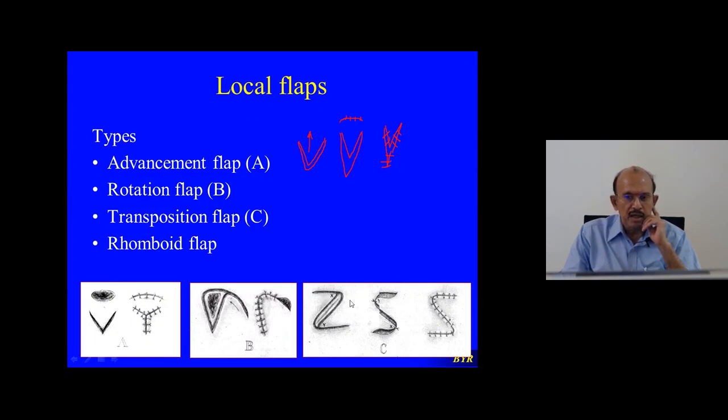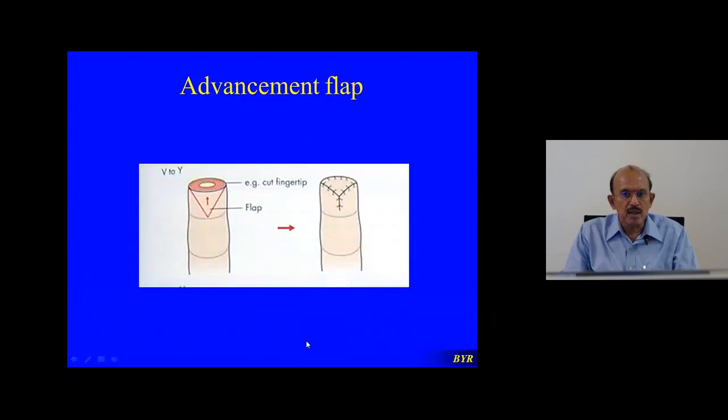So this will correct the contracted scar tissue. Of course, you cannot follow this. I will show you a video clipping on how you do the Z-plasty and how the contracture can be corrected. Then rhomboid flap also, I will show you how you do the rhomboid flapping.